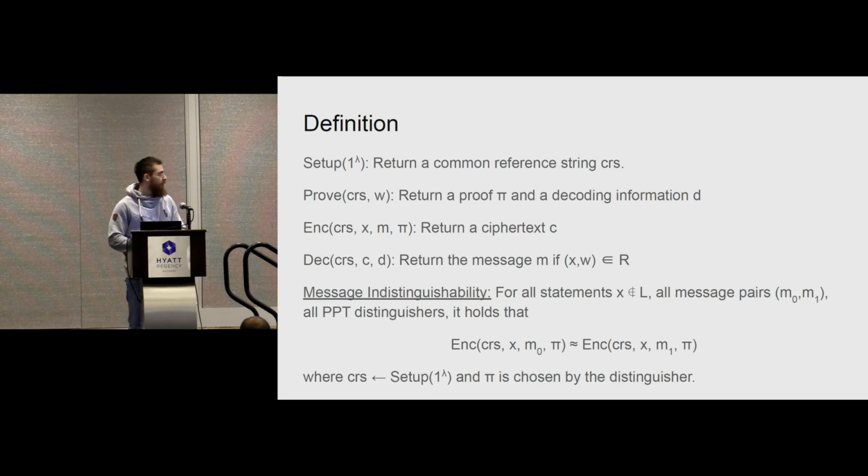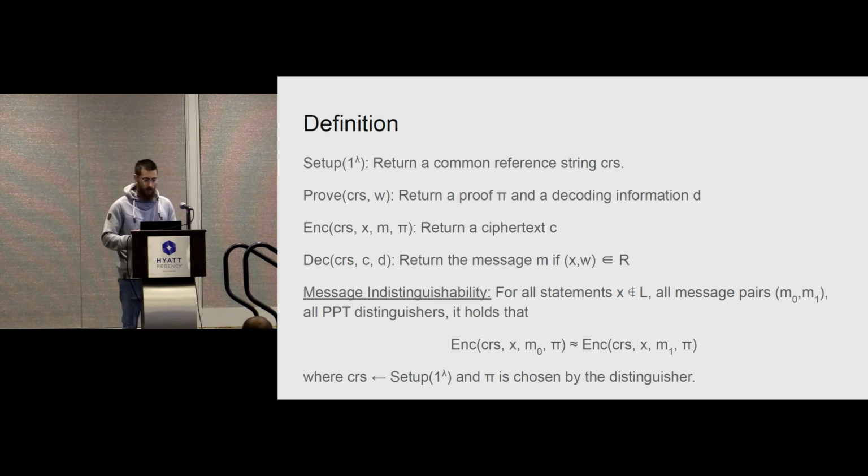Let's be slightly more formal. Since it is a two-round protocol, we can actually explicitly define all the algorithms. We have a setup algorithm that sets up a common reference string. A common reference string is given to all parties, and it's assumed to be set up by a trusted party once and for all. In these settings, you'll see that a common reference string is not only useful, but it's actually needed.